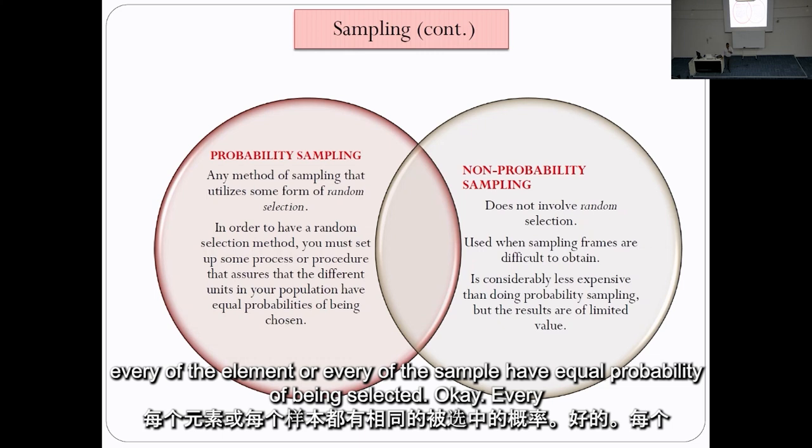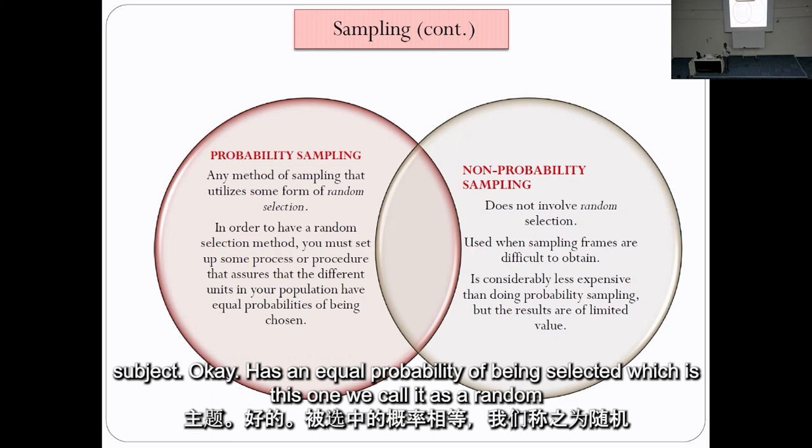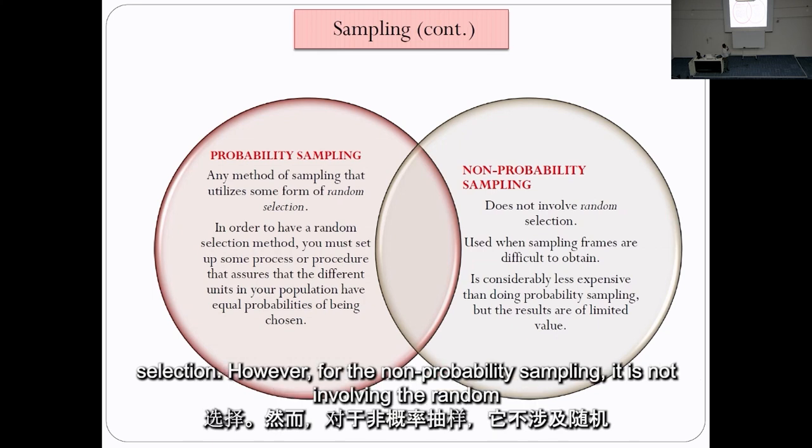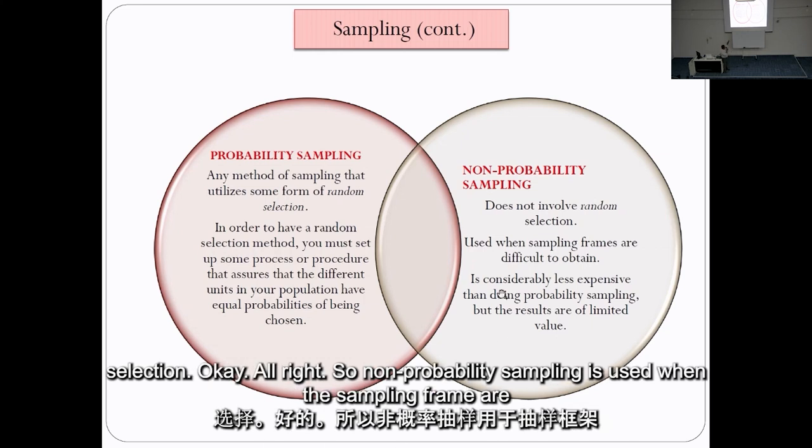Random selection means that every element or every sample has an equal probability of being selected. Every subject has an equal probability of being selected, which we call random selection. However, non-probability sampling does not involve random selection.